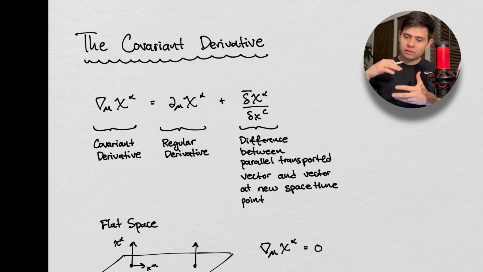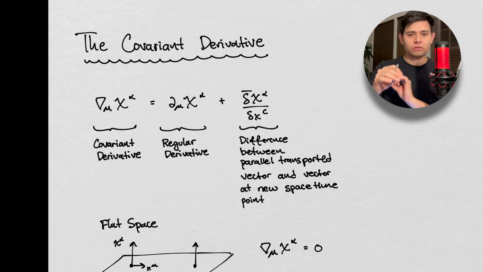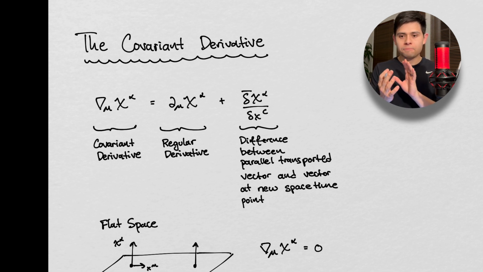So you can imagine as spacetime is evolving, vectors are moving within that spacetime, and the covariant derivative tells us exactly how vectors stay the same within that spacetime in some sense, because we're trying to track this notion of parallelism.